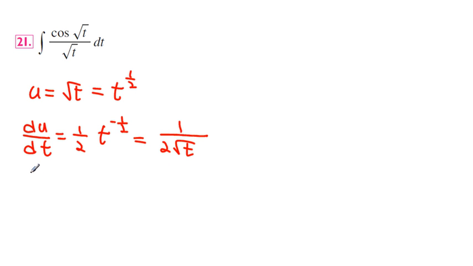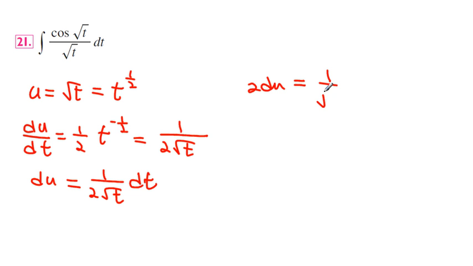Now, of course, if you multiply by dt on both sides, then we get 1 over 2 square root of t dt, which looks very similar to here, except for the 2. So if you multiply by 2 on each side, then we get 2 du. That's right, 2 du must be equal to 1 over square root of t dt.